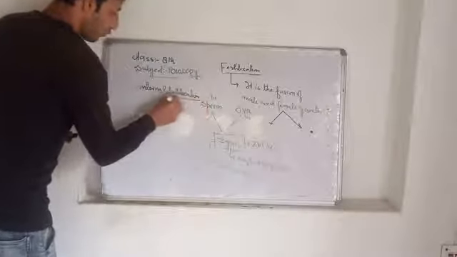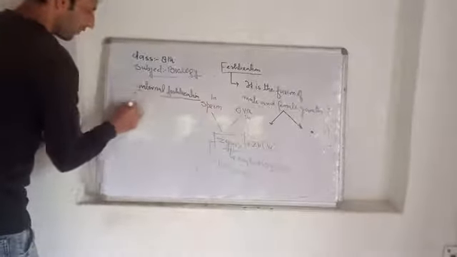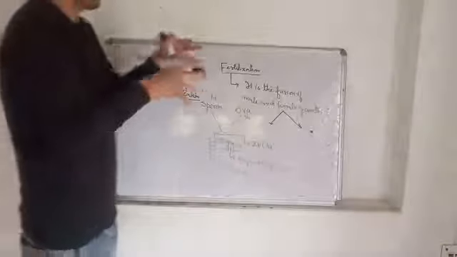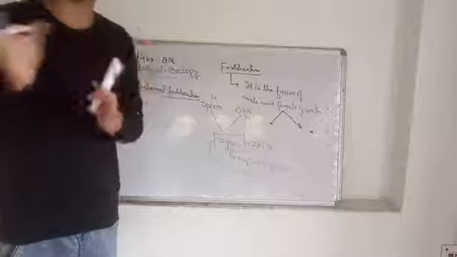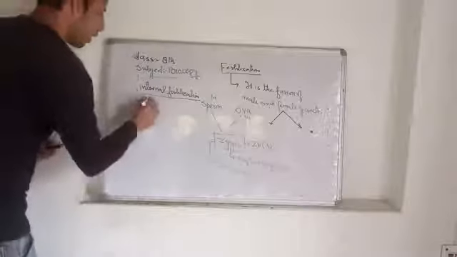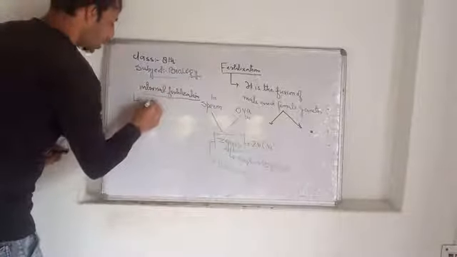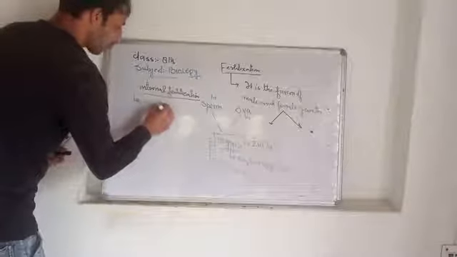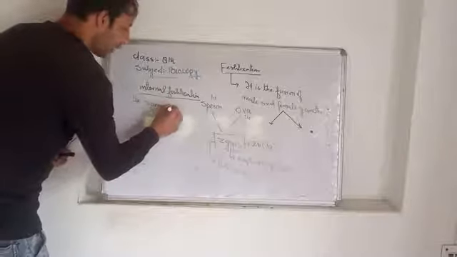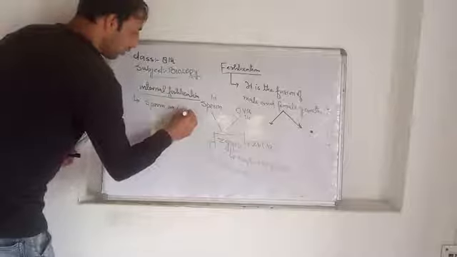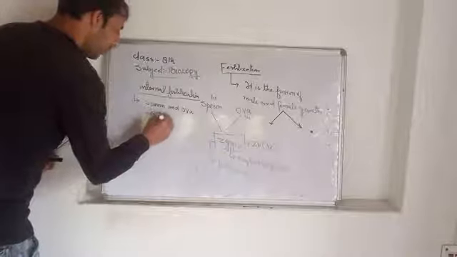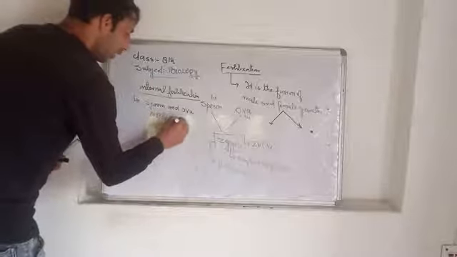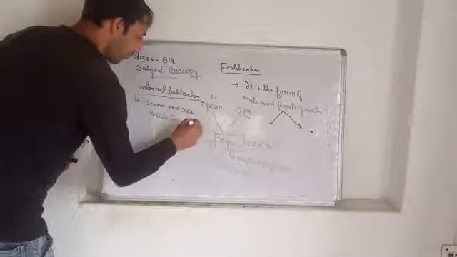So we are going to define what an internal fertilization is. Its definition goes like this. It is the fusion of sperm and ova inside the female body.